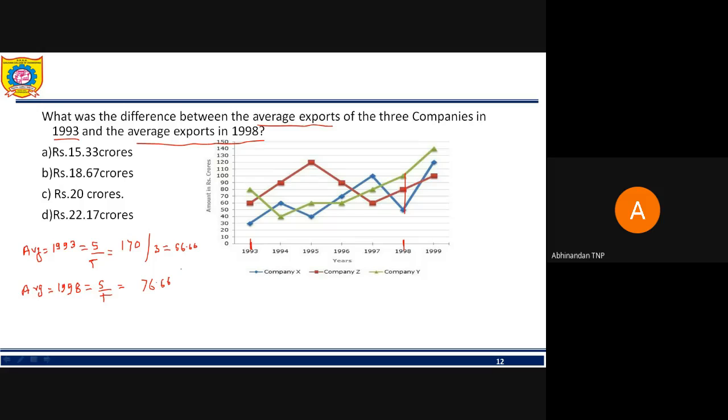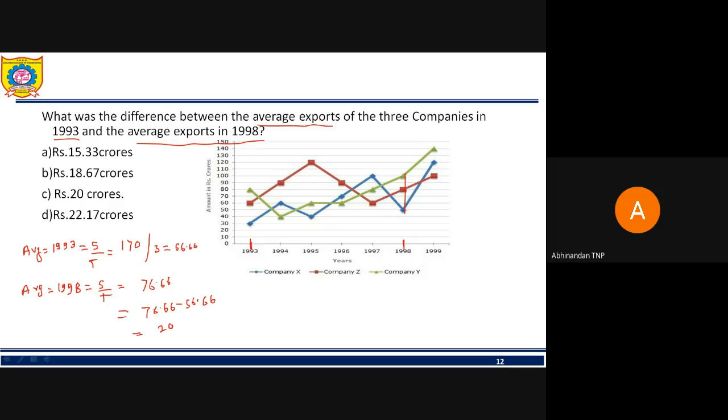Right. So what is the difference it is asked? The difference between these two average exports, 1993 and 1998. So 76.66 minus 56.66. How much?